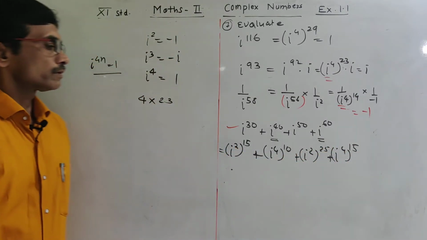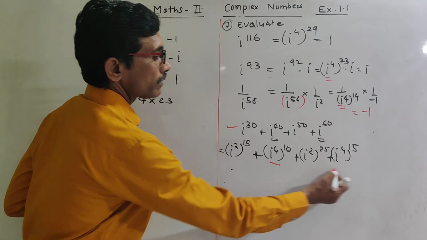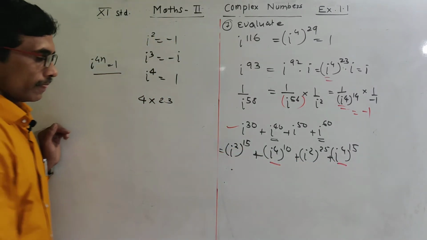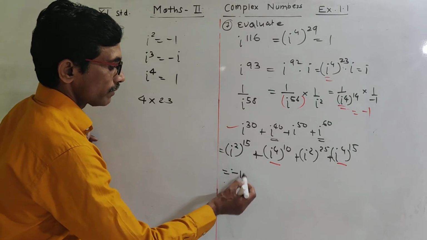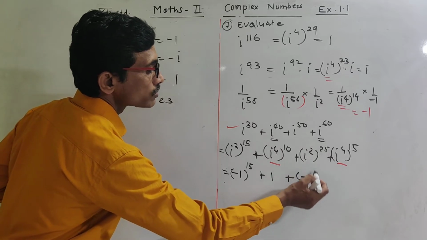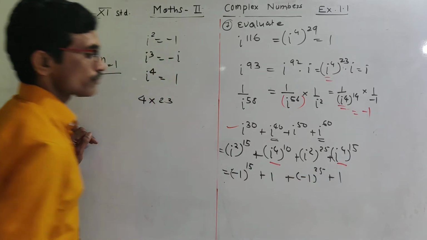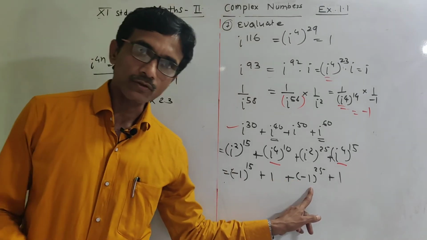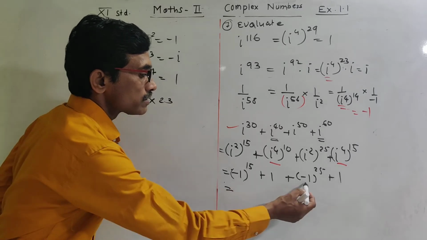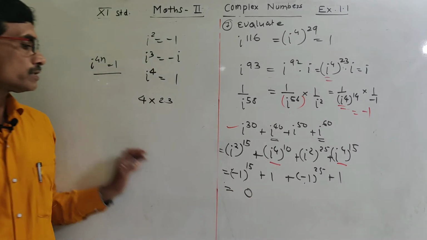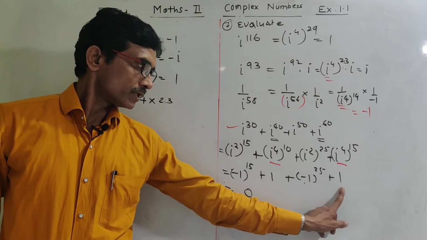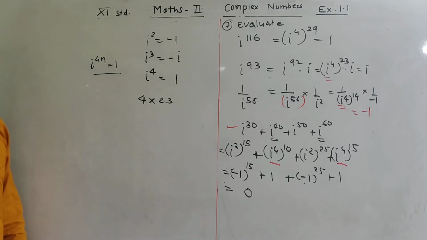Now i raised to power 4 is 1, 1 raised to power 10 is 1, 1 raised to power 15 is 1, and i squared is minus 1, so minus 1 raised to power 15 and minus 1 raised to power 25. Minus 1 raised to an odd power is minus 1. So 1 plus 1 is 2, and minus 1 minus 1 is minus 2, so it comes out to be 0.